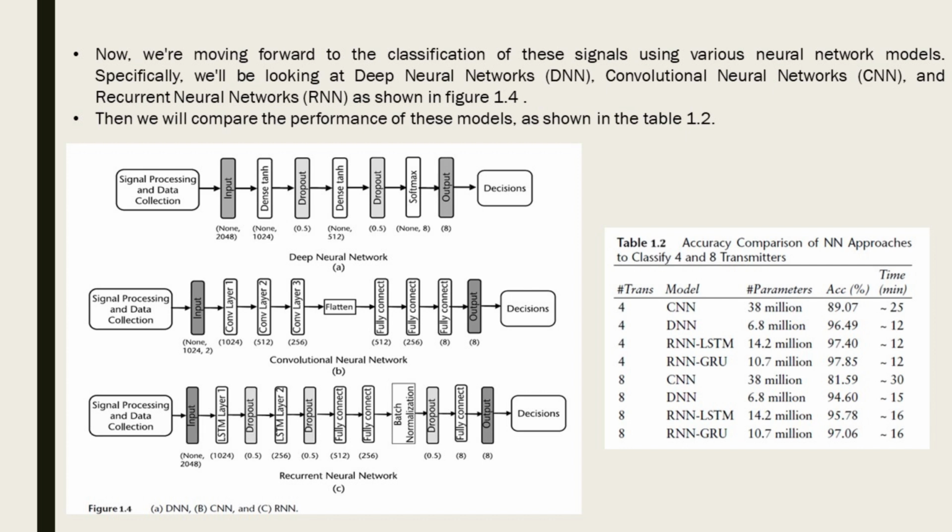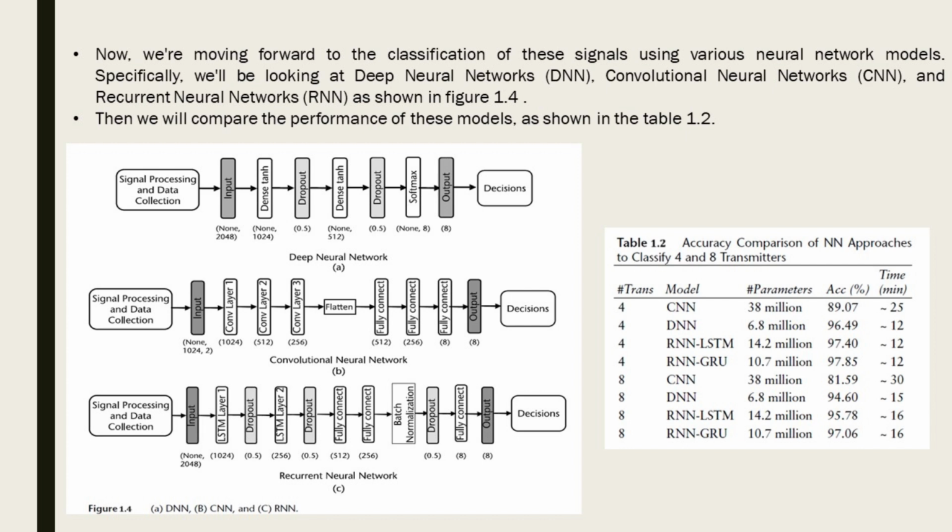Finally, the output layer uses a softmax activation function, providing a probability distribution over the possible classes, in this case, the different transmitters. The DNN is relatively lightweight, with 6.8 million parameters, and achieves impressive accuracy with relatively low computation time.